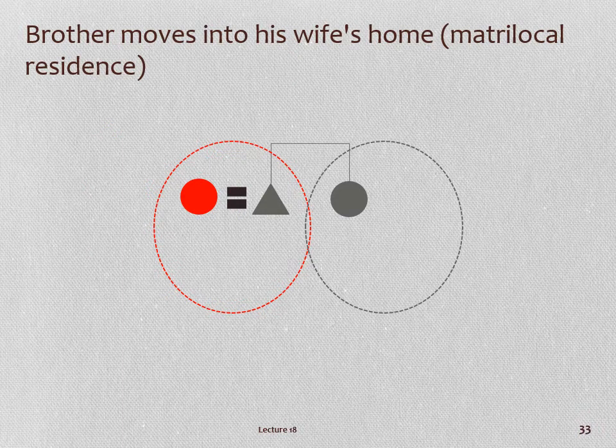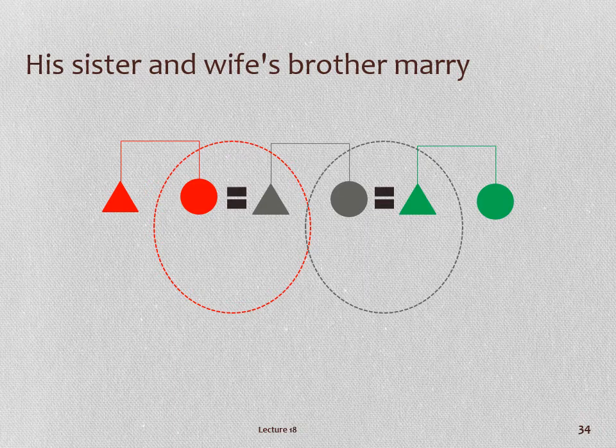Since this is a matrilocal society, when he marries, he'll move out of his mother's home and move in with his wife. His wife's brother will belong to the red lineage, but will live in a different household. Meanwhile, his sister will have married a husband from a different lineage, who now lives in the gray household.